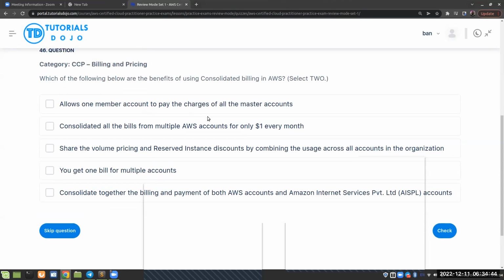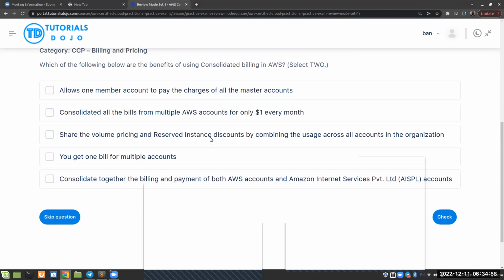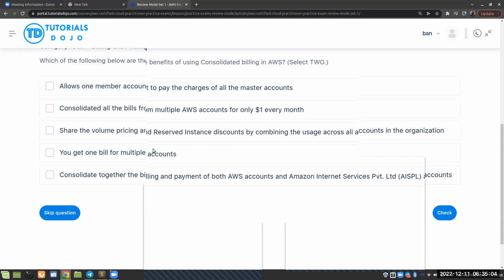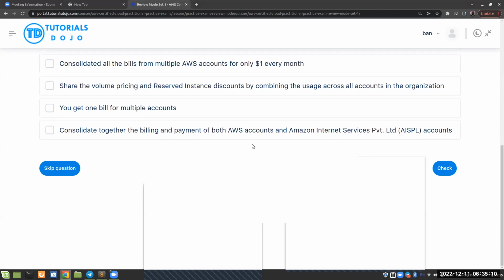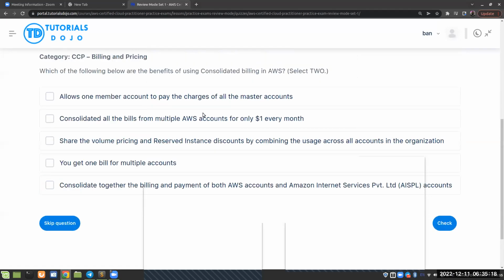Allows one member account to pay the charges of all the master accounts; consolidate all the bills from multiple AWS accounts for only $1 every month; share the volume pricing and reserved instance discounts by combining the usage across all accounts in the organization; you get one bill for multiple accounts; consolidate together the billing and payment of both AWS accounts and Amazon Internet Service accounts? It's C and D. We say C and D.